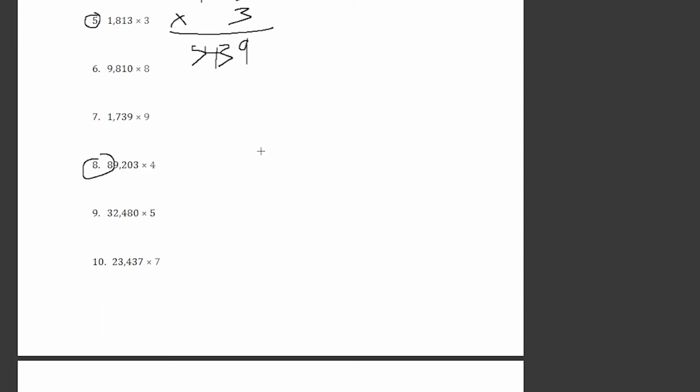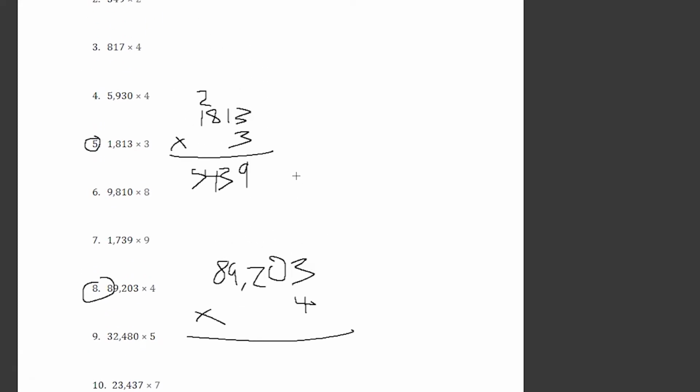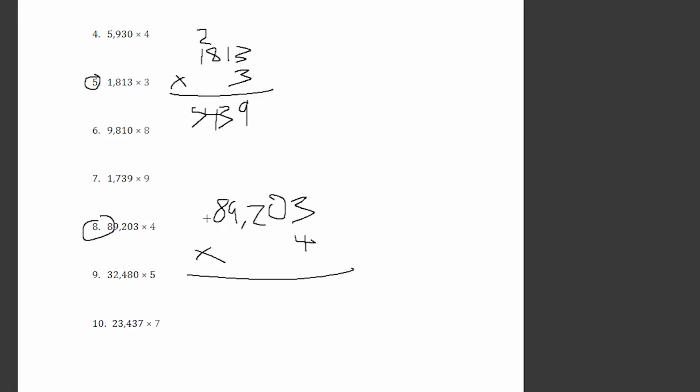For number 8, we have 89,203 times 4. Like always, we always put the larger number on top and we go from right to left. So first we have 3 times 4, which is 12. So we put the 2 here, carry over the 1. Now we have 4 times 0, which is 0, and 0 plus 1 is 1.